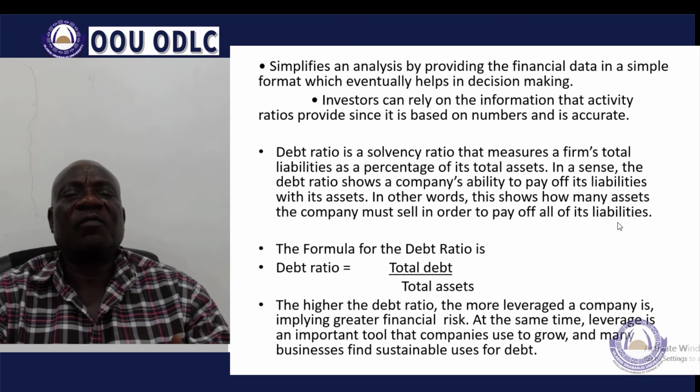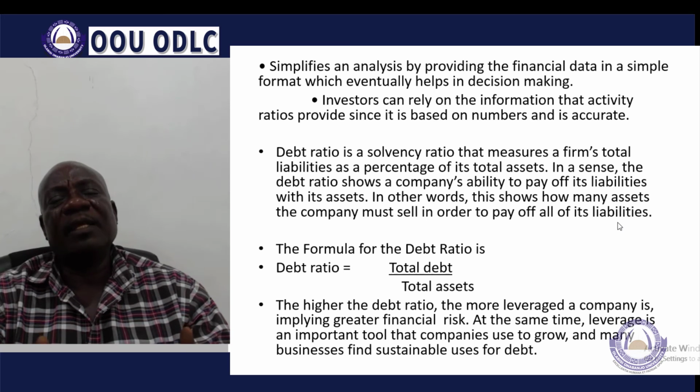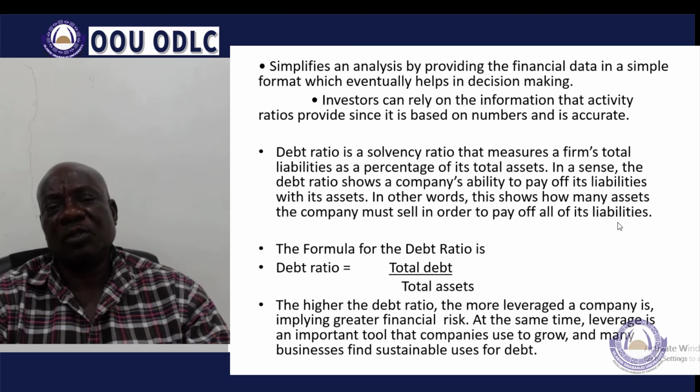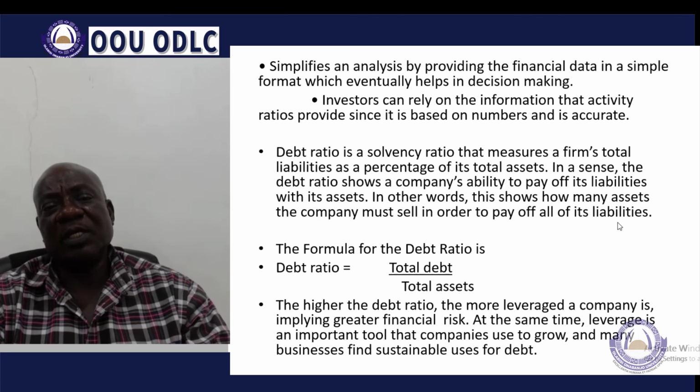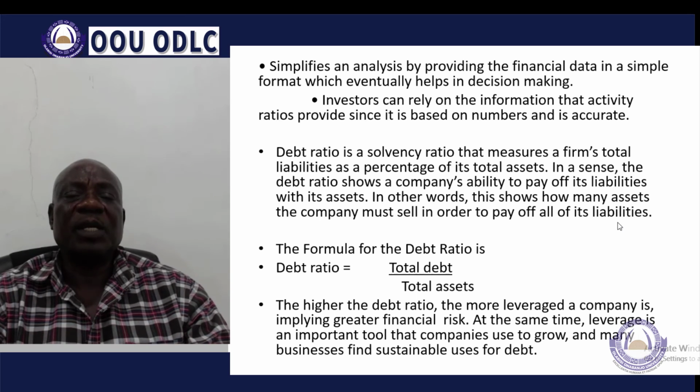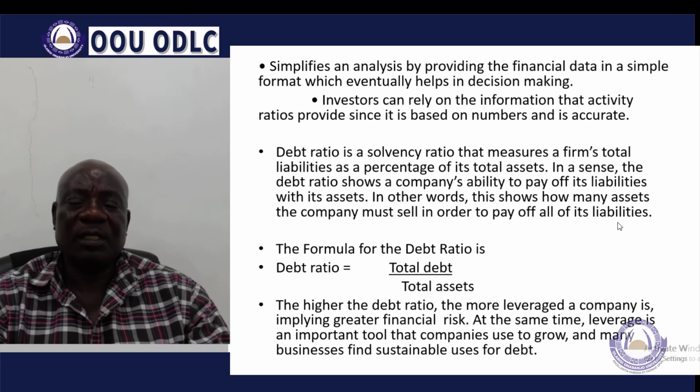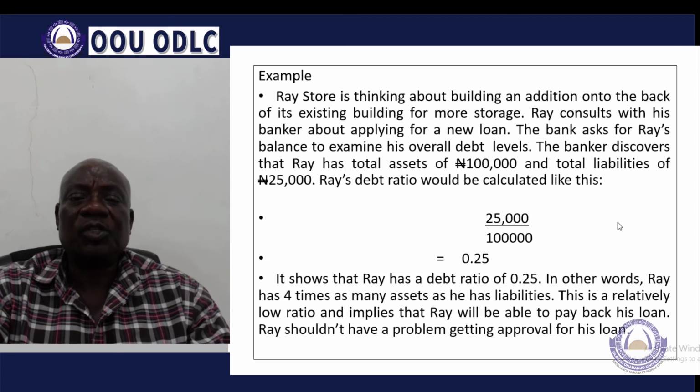Many lenders or financial analysts will only lend to a company that is of low gearing, because they have not taken commitment from outside funds. Because the more outside funds a company has, the higher the risk, because the company's assets may not be sufficient to pay.